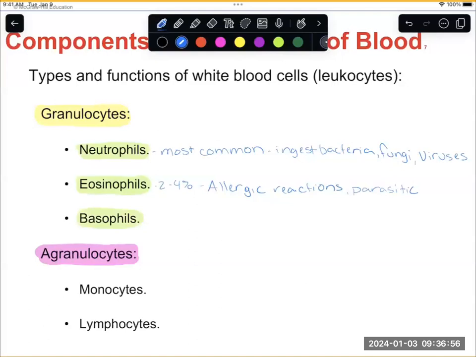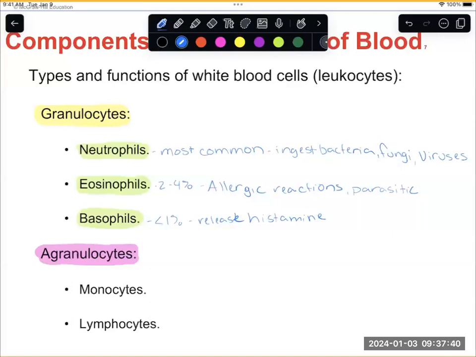And then our last type of granulocyte are basophils. Basophils are usually less than 1% of the total amount of white blood cells. These are going to release histamine. Histamine gives that reddish appearance. It increases blood flow, but in the tissues in your skin, it gives that reddish appearance to injured tissue, maybe an infection in your skin.